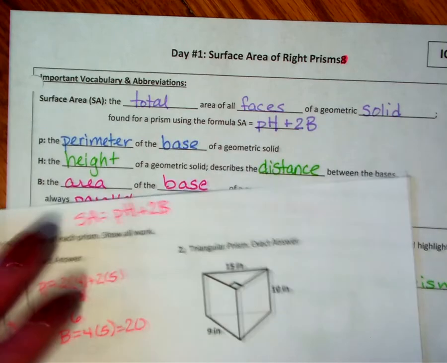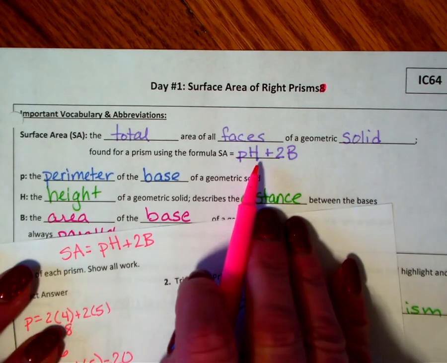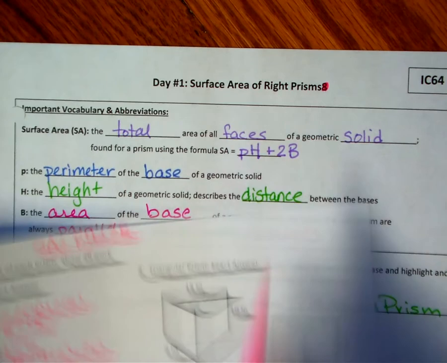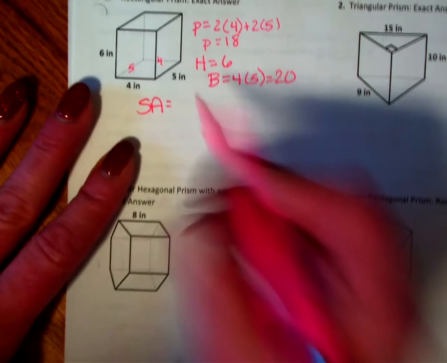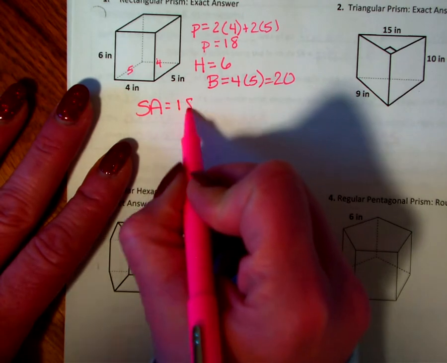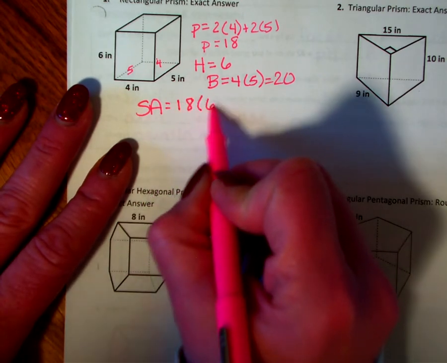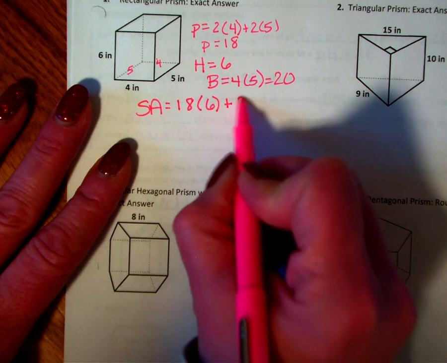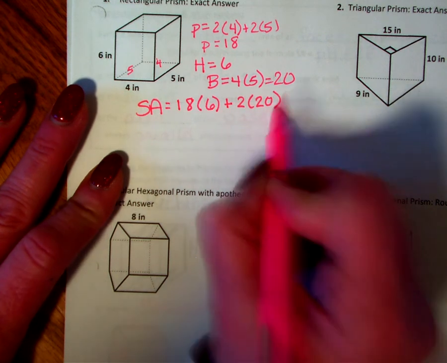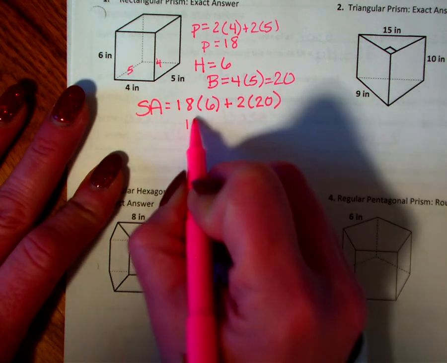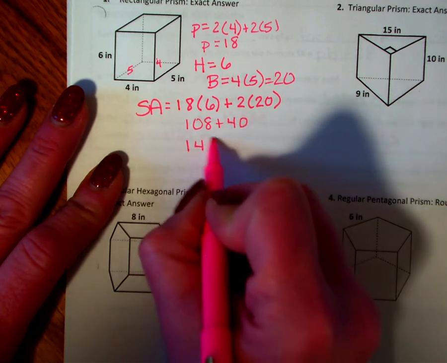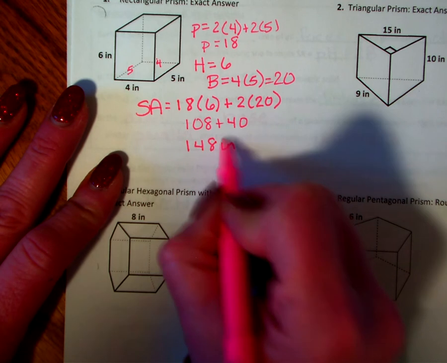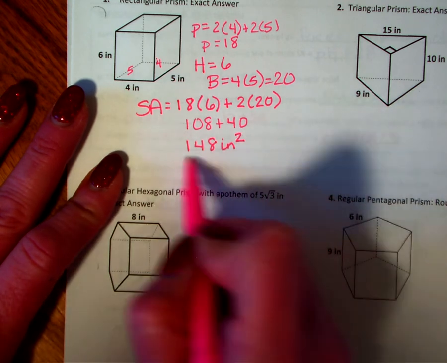So again, go back to the surface area formula: P times H plus 2 times B. Our perimeter, 18, times the height, plus 2 times the area of the base. So 108 plus 40 gives me 148. Remember it's area, so it's inches squared.